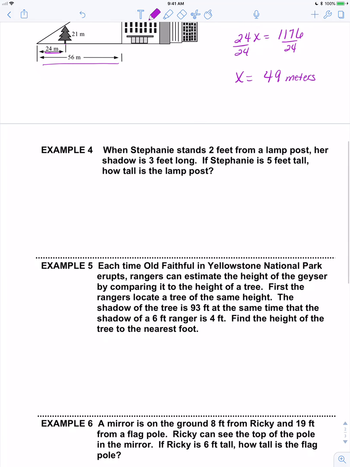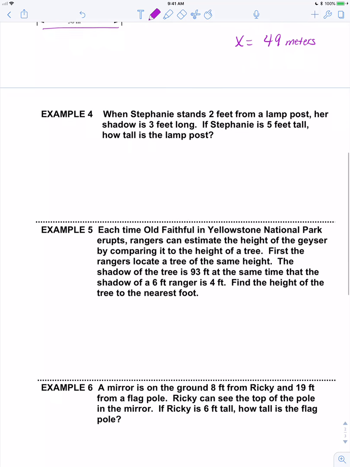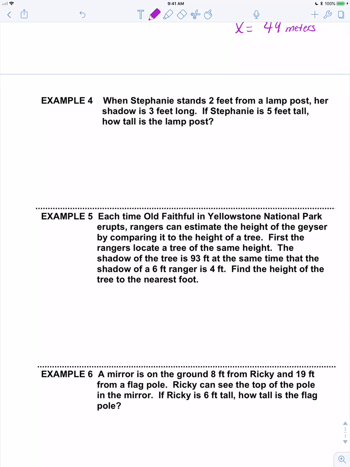We did the same kind of thing, set up a shadow with someone who was about 6 foot tall and the shadow of the tree. We figured out he had about 4 feet to spare. I called him in about 2 weeks, and I said, how'd that tree come down? He goes, I had about 4 feet to spare. So we did pretty good on that. So that's a real world example of using these similar triangles.